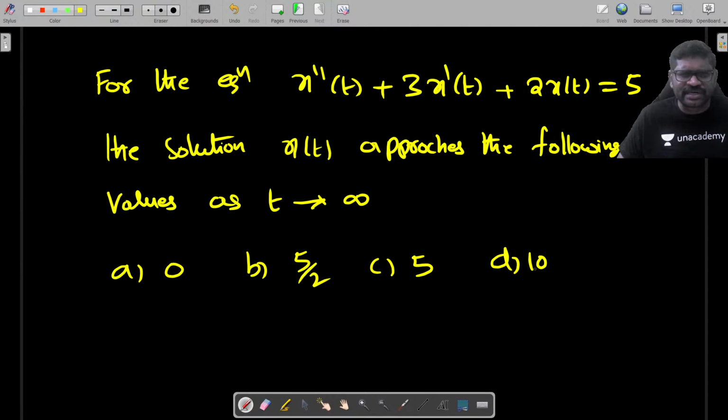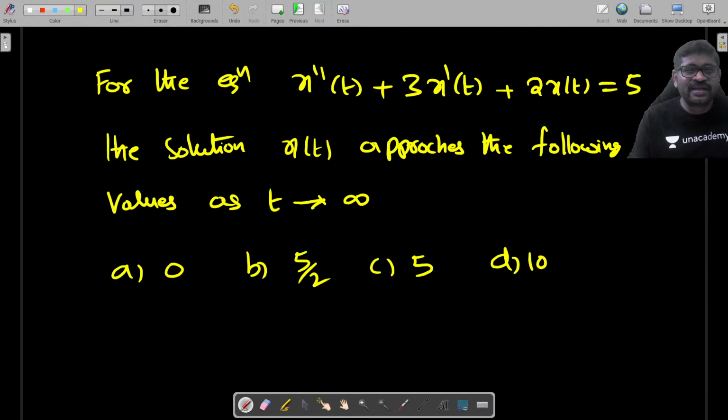For the equation, the solution x of t approaches the following values as t tends to infinity. First we have to find the solution. After that, when t tends to infinity, x tends to which one of the following we have to find out.